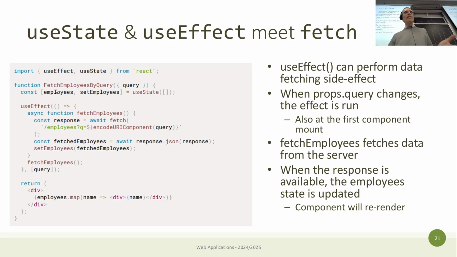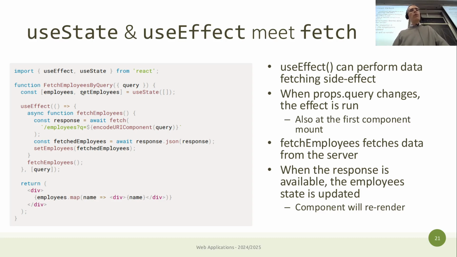And if the state is used in the return statement, so for the JSX, it will change what is shown. And so what you load asynchronously, you will be able to show in the interface.